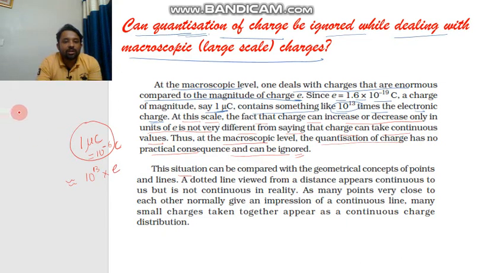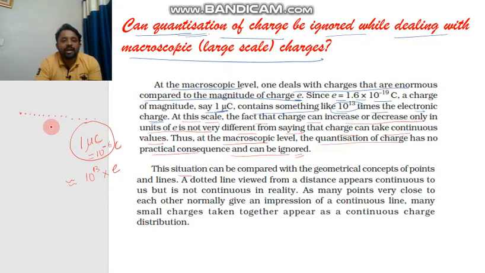Suppose I make a dotted straight line, and if this dotted straight line is viewed from a very large distance, then it will appear to be a continuous line. But the reality is that it is not continuous. Since we are viewing it from a very large distance, it will appear to be continuous, but it is actually not continuous.